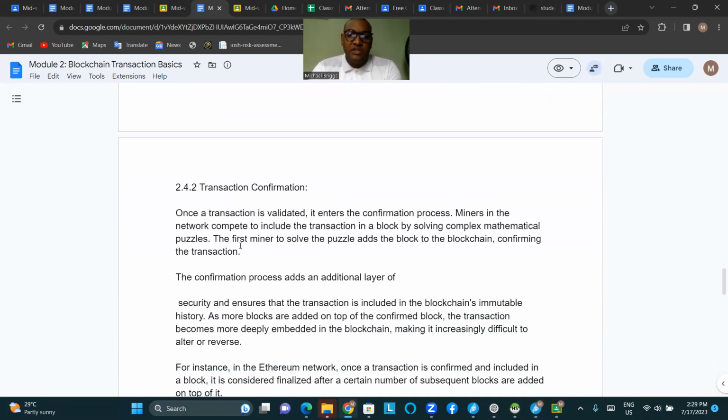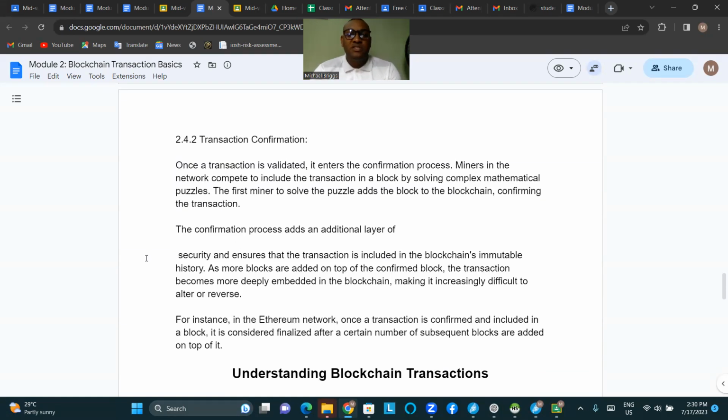Now, what about confirmation? Usually when you send a transaction, you have to wait for it to be confirmed. When we talk about confirmation, we're looking at how many nodes have validated this transaction. Some blockchains require a number of validations for a transaction to be confirmed.